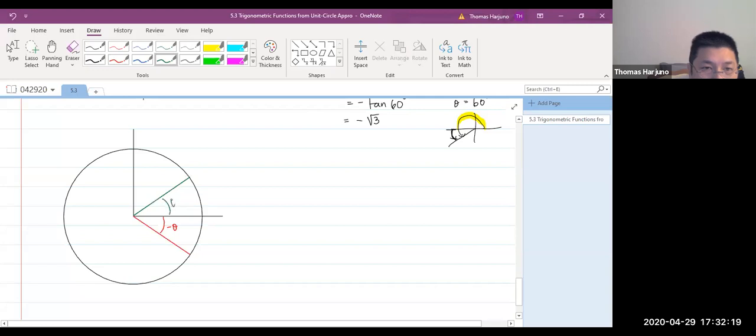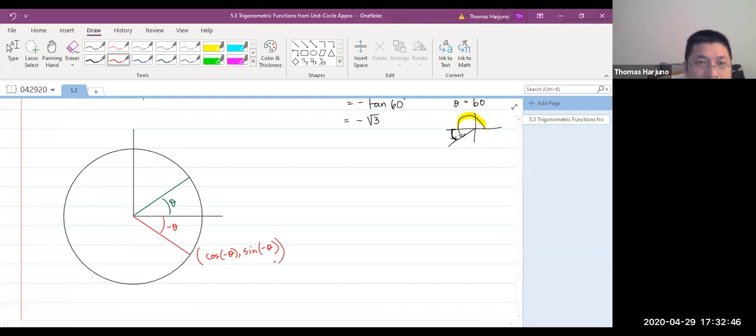Now we know that the coordinate here, according to our unit circle approach, will be cosine negative theta, sine negative theta. That must be the coordinate.